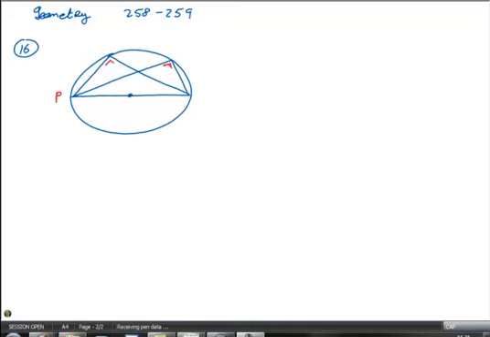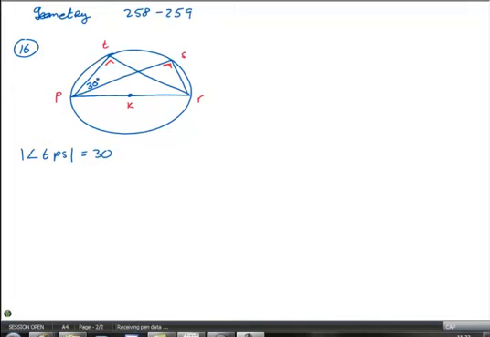This is P, K, R, S and T, and you're told in the question that the angle TPS is 30 degrees. So TPS, if you trace that out, T to P to S, this is 30 degrees in here.